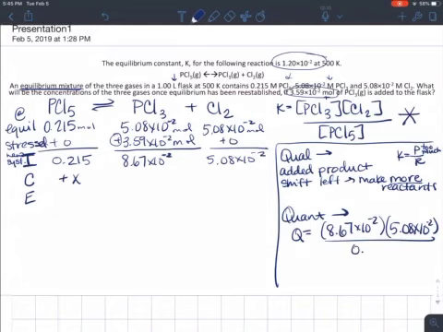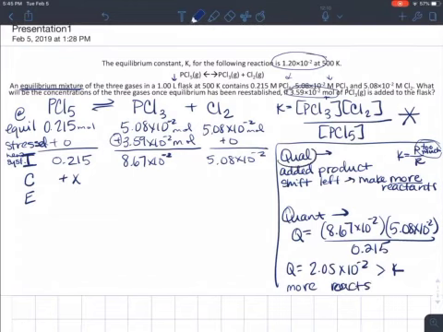And for PCl5, it's 0.215. I do all of that, and I get a value of Q of 2.05 times 10 to the minus 2, which happens to be bigger than K, which means that I have too many things in my numerator, which we decided up there, and that I need to make more reactants.